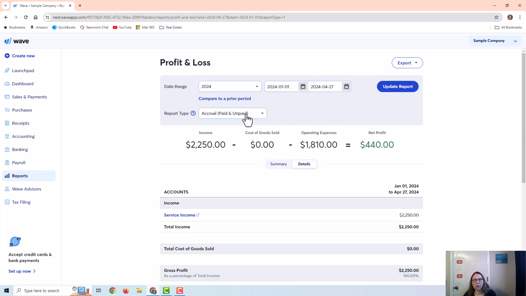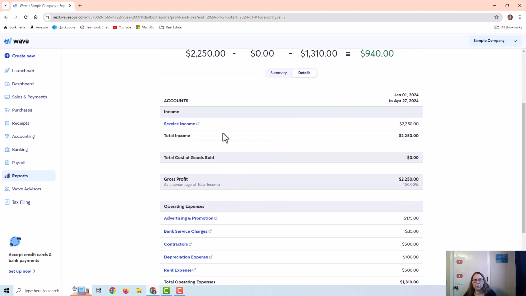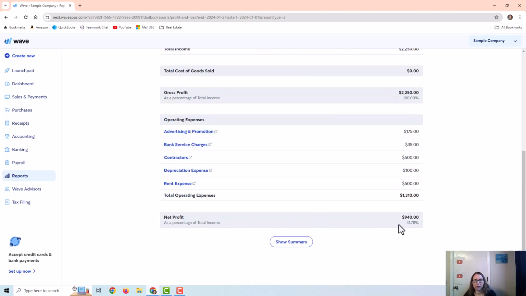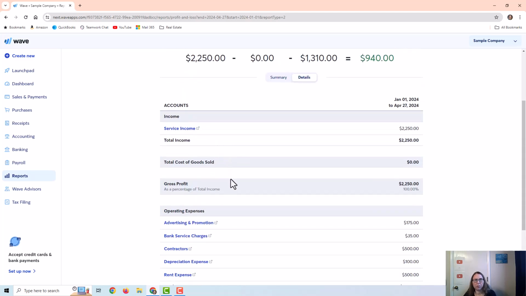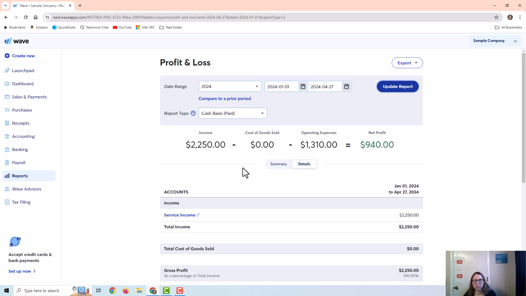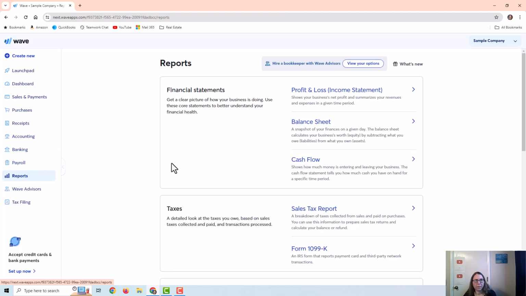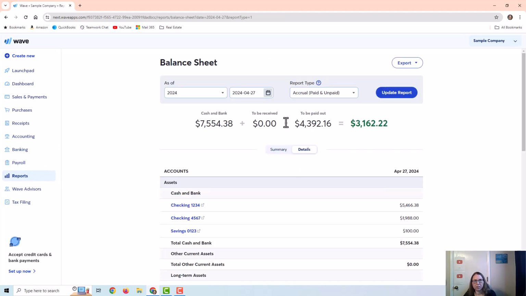A profit and loss is going to show me income minus expenses equals profit. So your assets are not going to show up on your profit and loss. And then I'm going to go to the balance sheet.